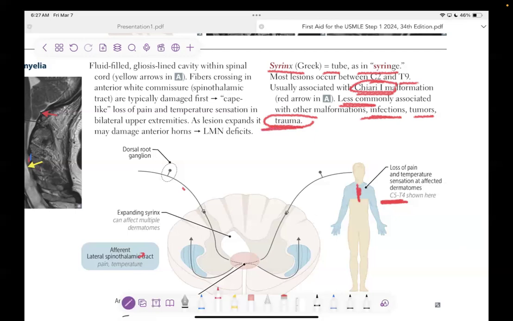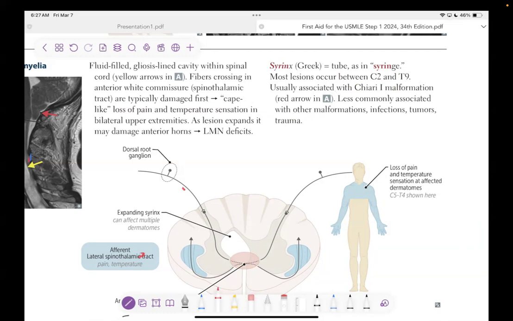Look for trauma as well. If the patient has a history of trauma, trauma can also cause it. Infection can also cause it, and tumors can also cause this abnormality.